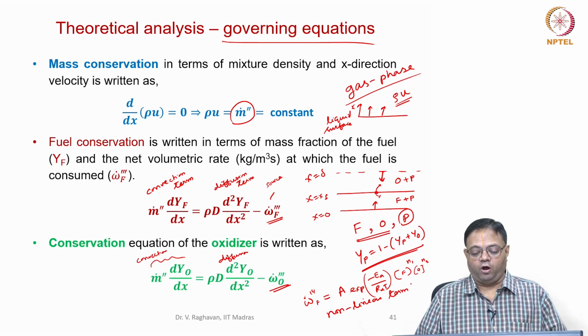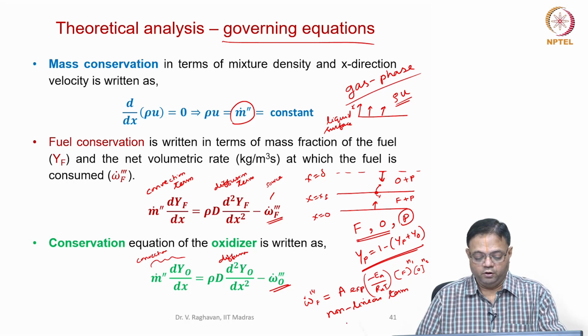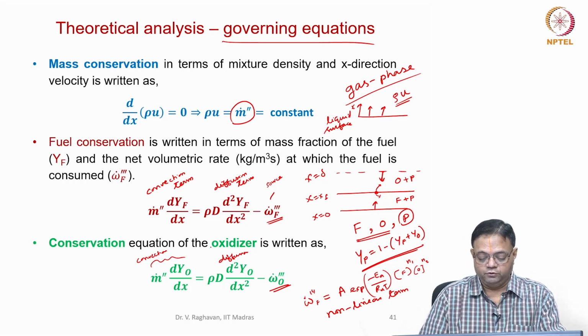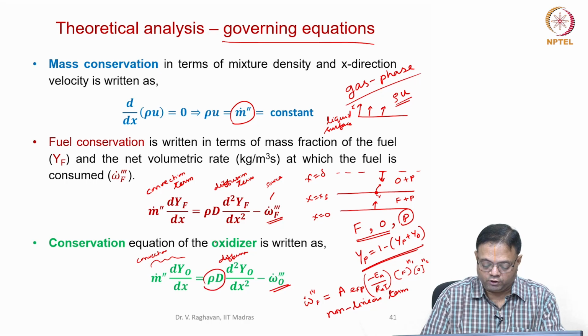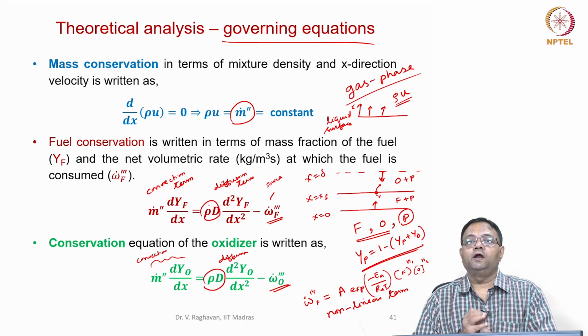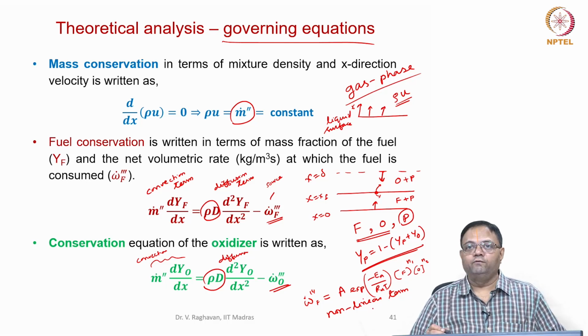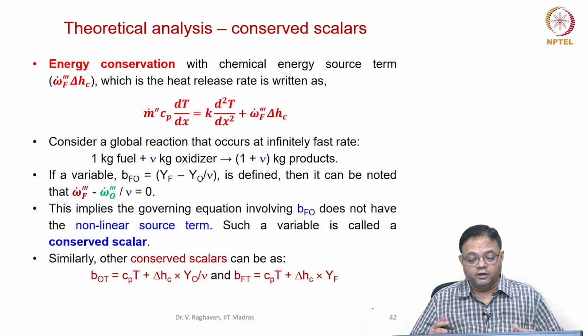So okay, I can solve these 3 equations, no issue, because mass flux is constant. I can also take properties as constant and solve it, but I can solve only numerically because these are non-linear terms. So what I will do, I have to think of something else.